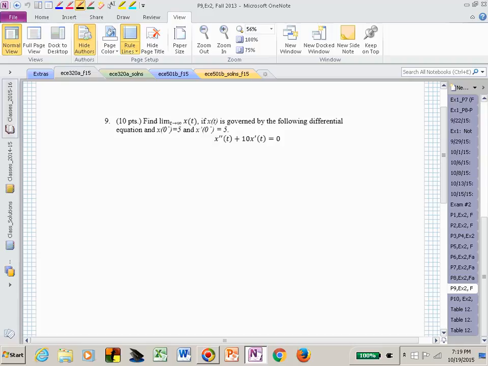Now, if we didn't have any initial conditions, what would this system or equation be doing? If we had 0 initial conditions, and this is our governing differential equation, what's the solution?